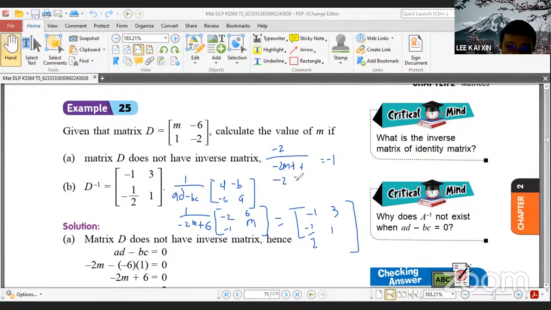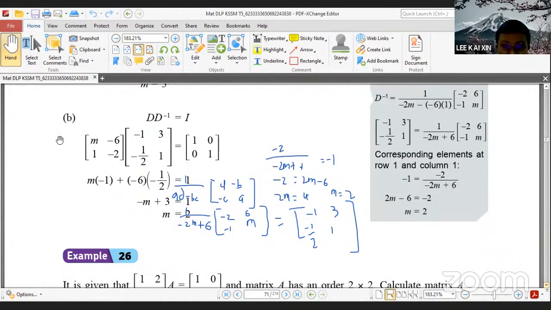Then you get -2, you get 2m minus 6. Okay, so 2m equals to 4, and you get 2. So m you get 2 also. You can use either one of the methods to solve.